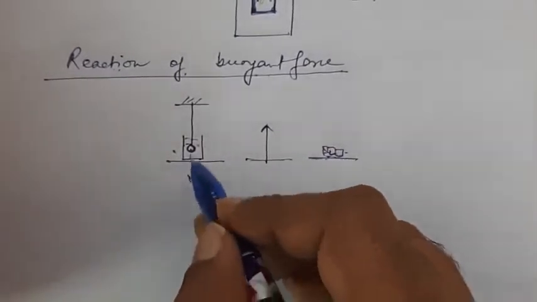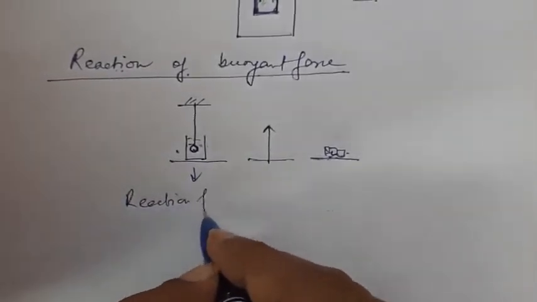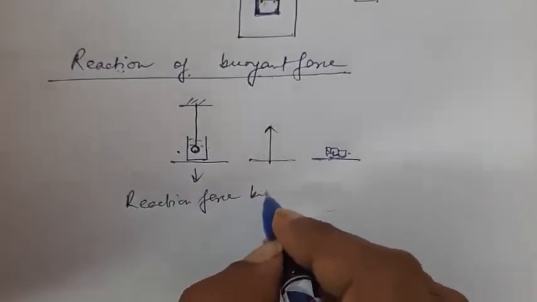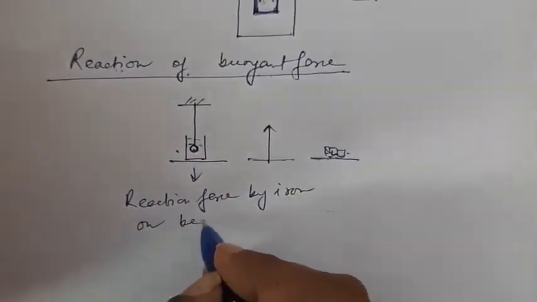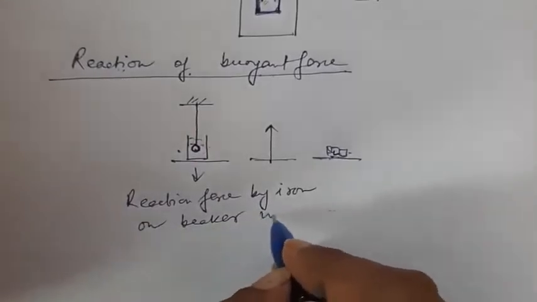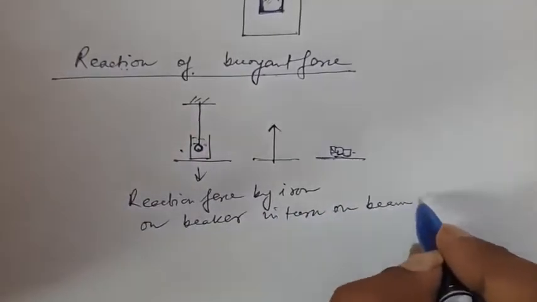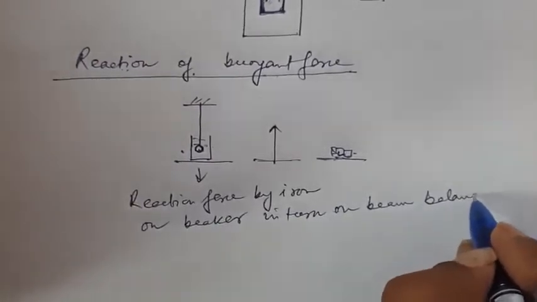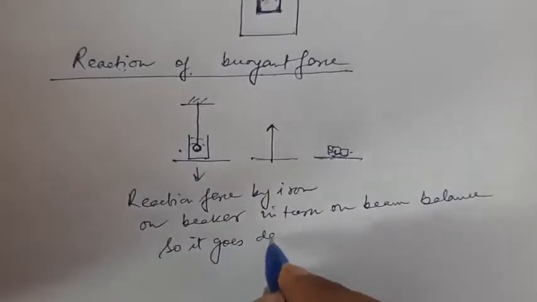The pan goes down because of the reaction force by iron on the beaker, in turn on the beam balance. So it goes down.